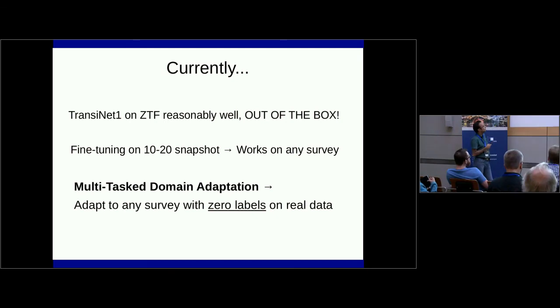So with 10 to 20 snapshots and fine-tuning, we can adapt to any data set. We don't need a high number of labels. And multitask domain adaptation is my current future work, which will make it possible to adapt to any data set with 0 labels.